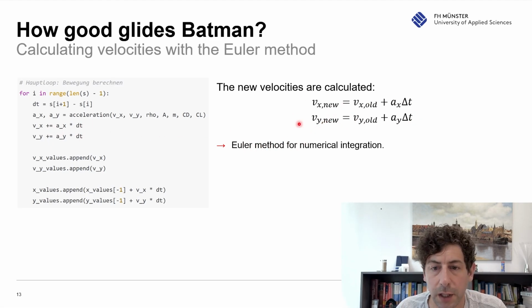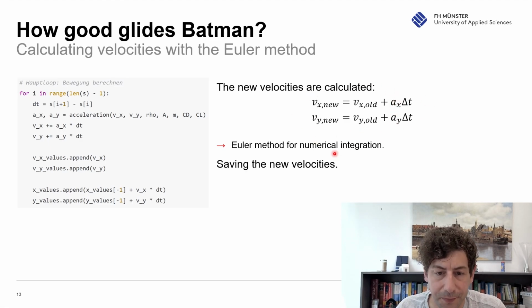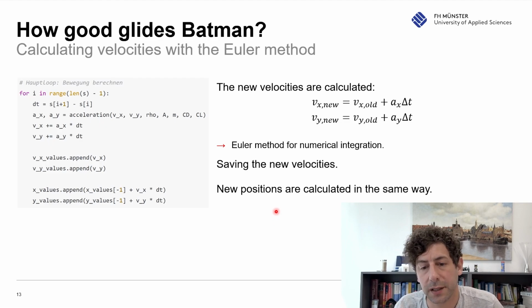Okay, so this is what the loop is doing after calculating x and y acceleration. This is calculated by the function, and then we make this Euler method, and we're saving the new velocities. So we put the new velocities in the list. And then we also make the new positions.